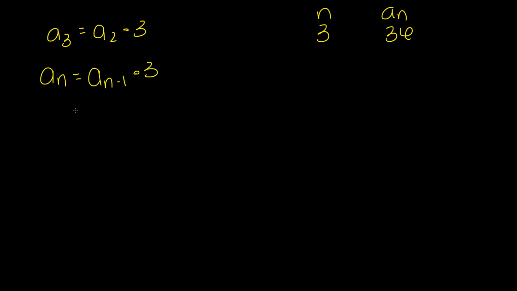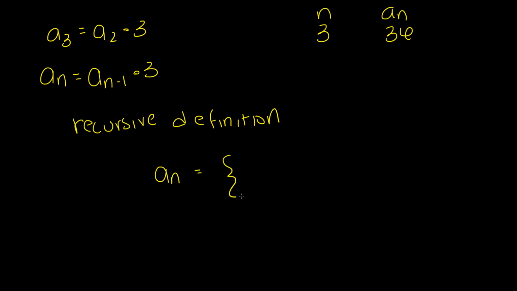This is the recursive definition for the sequence. There are 2 different ways we could express a geometric sequence, and this one is the recursive. The recursive definition can be written as a sub n is equal to 4 when n is equal to 1.